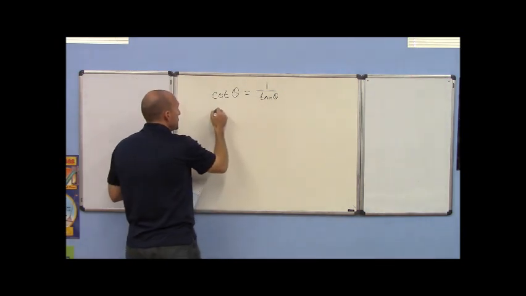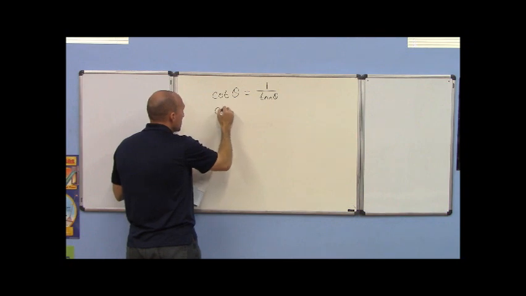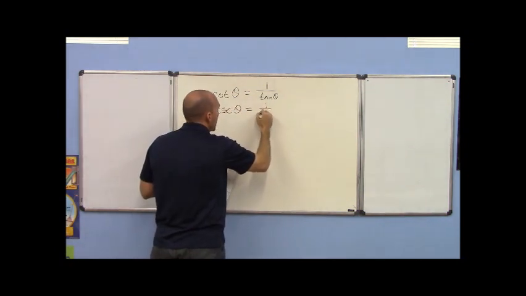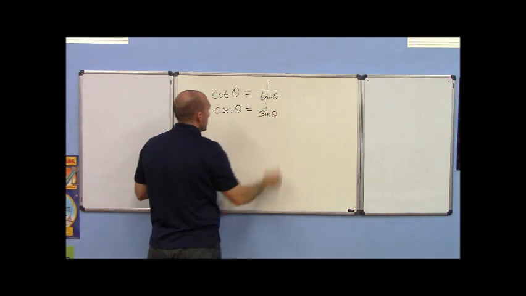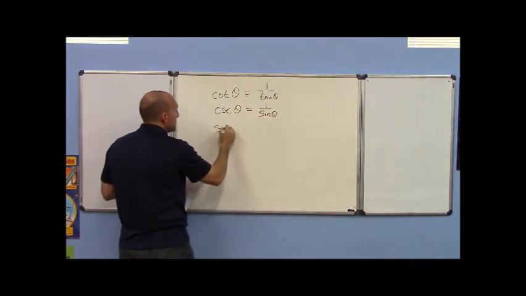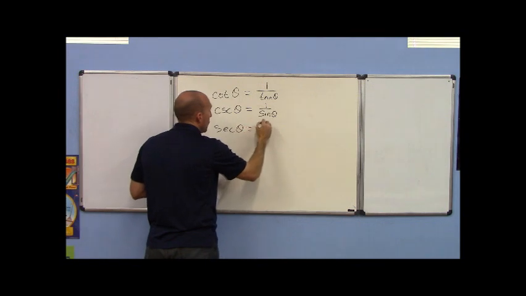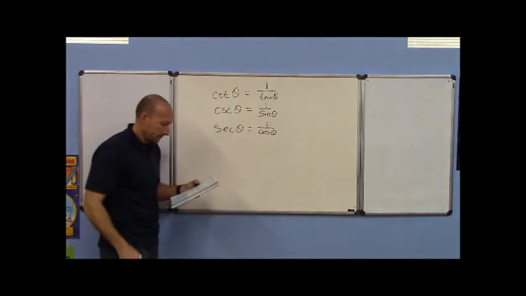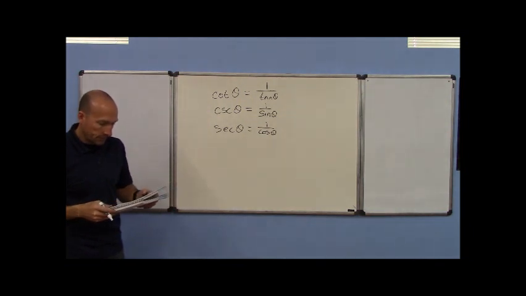Likewise, the cosecant of theta is 1 over sine, and the secant of theta is 1 over cosine.